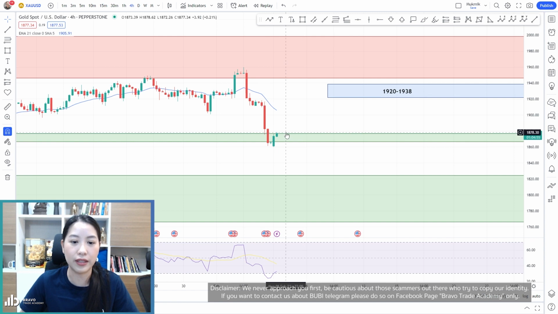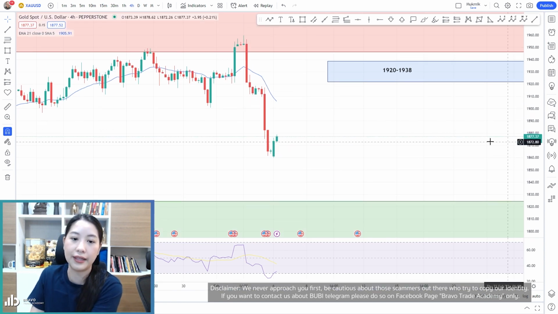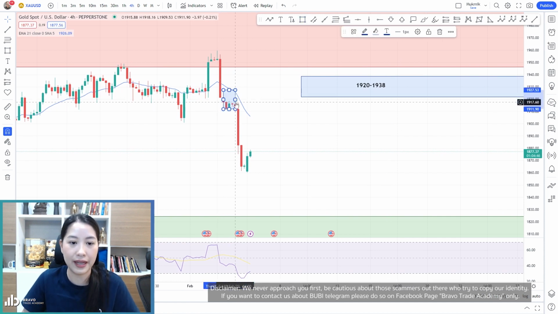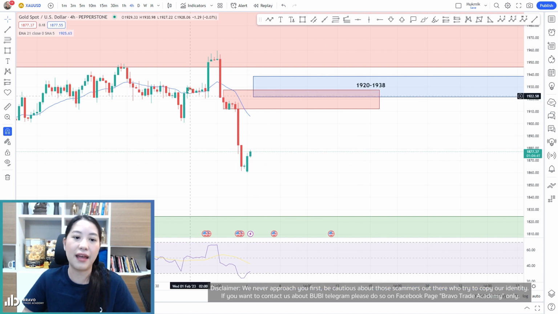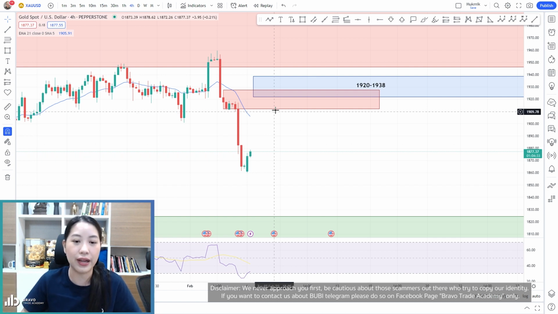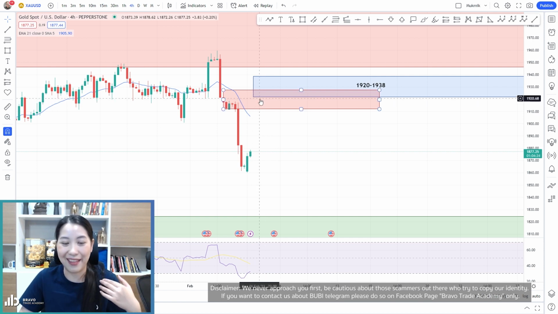So let's drop down to the 4 hour time frame. Do we have anything? Okay, so in the 4 hour time frame, we would have our supply zone here first. However, I would say that the price hasn't formed a very clear downtrend yet. So if you only enter a trade here because it's a supply zone, I say that's not a good enough reason to enter at this point.